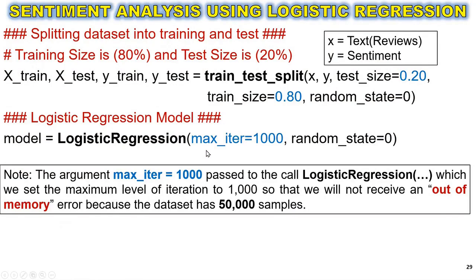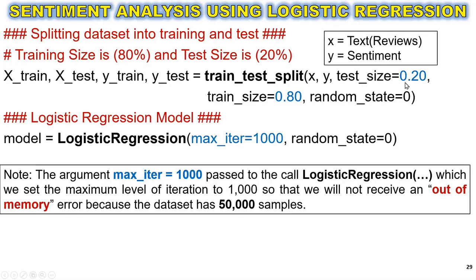In this Python code, we prepare to train our machine to learn from the given movie reviews dataset. We split the 50,000 samples of movie reviews into 80% training size and 20% test size.